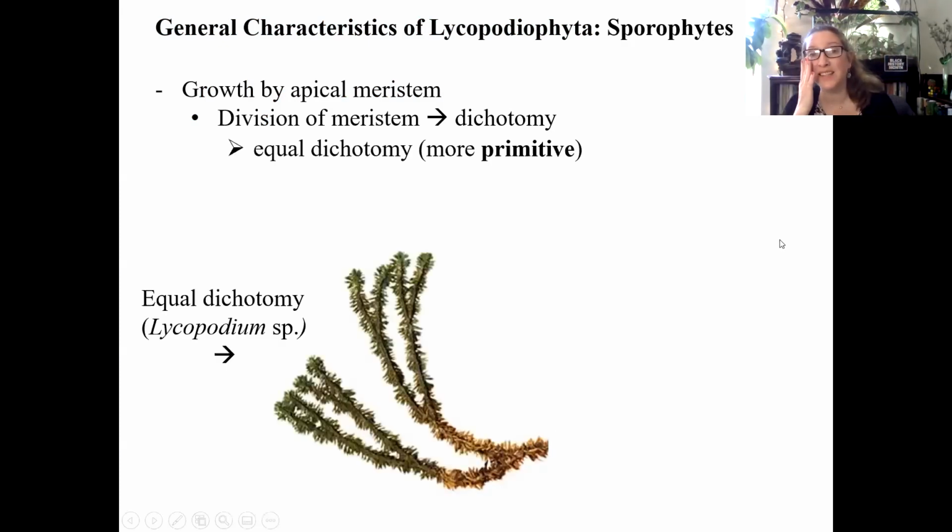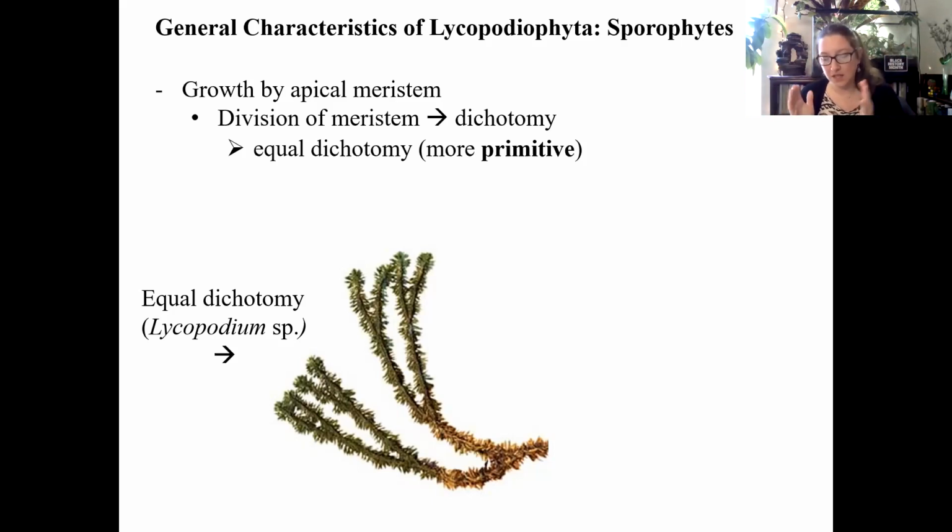And so in lycopods, Lycopodium and Selaginella, if you have that grow, split growth pattern, we call that equal dichotomy. And that is the more primitive, or you could say ancestral, trait.